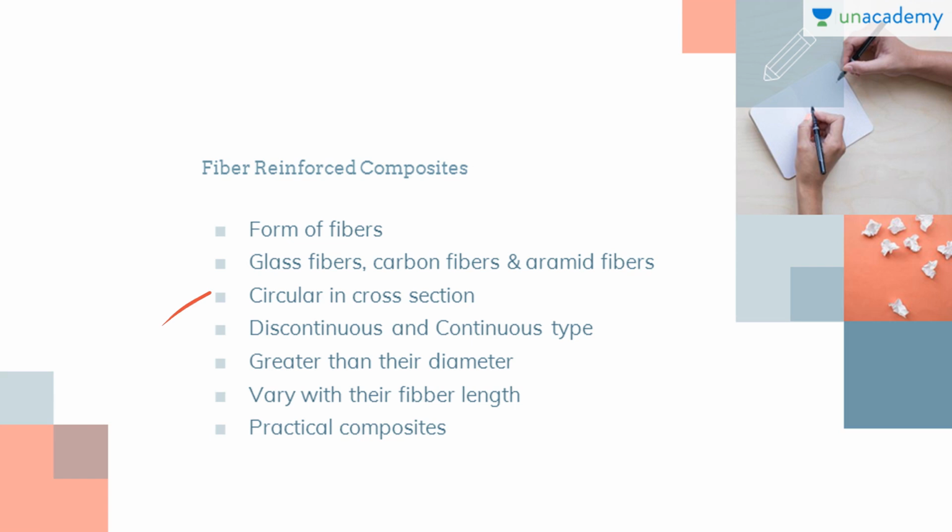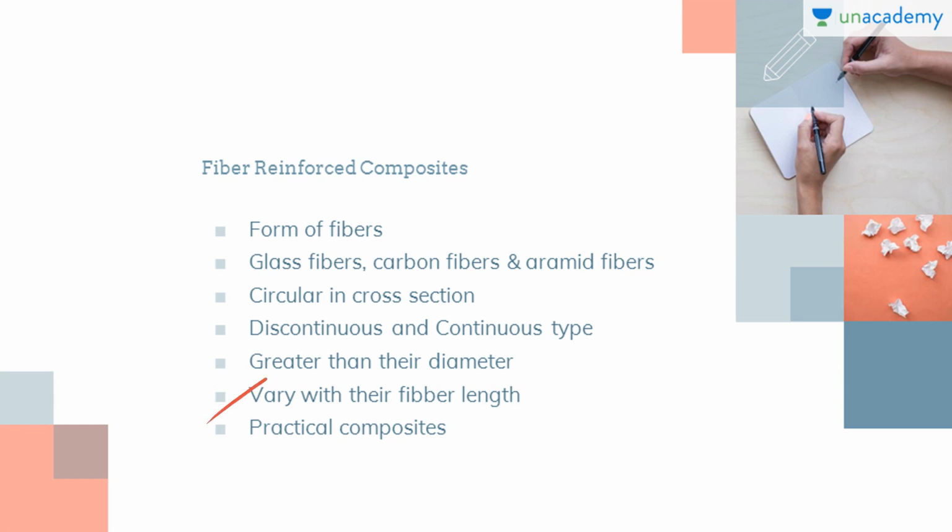Fiber reinforcement composites can be further divided based on discontinuous and continuous type. Continuous fiber reinforced composites contain fiber reinforcements having lengths much greater than their cross-sectional dimensions. And discontinuous fibers, or short fiber composites, have properties which vary with the fiber length.